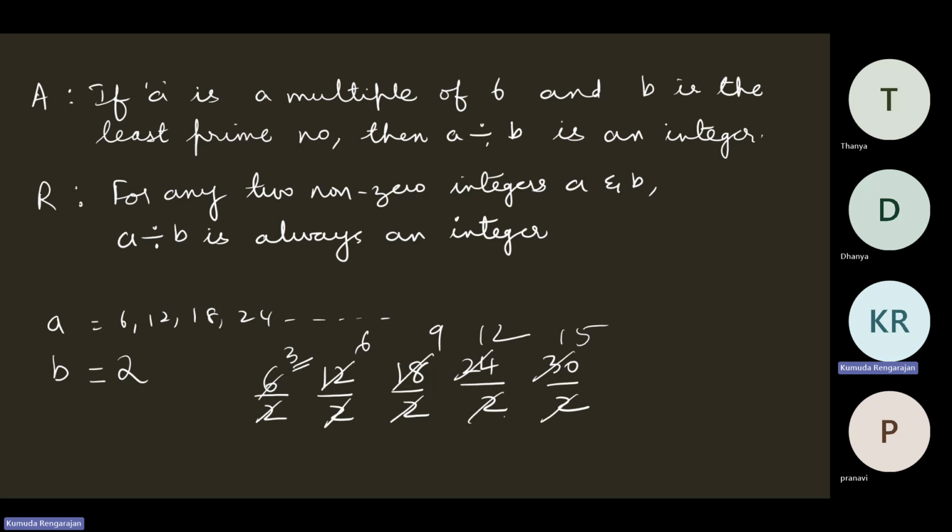Because the numerator is what? 6, 12, 18, 24. All multiples of 6 are even, which means they are exactly divisible by 2.